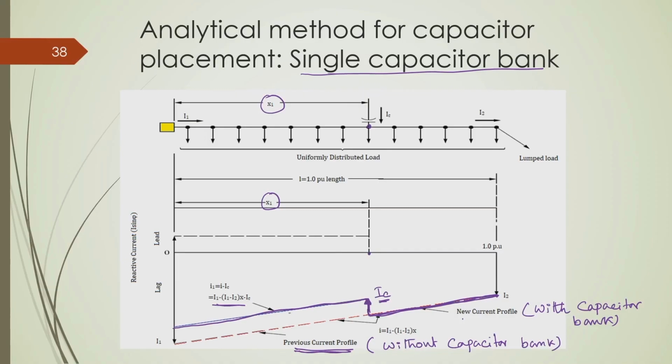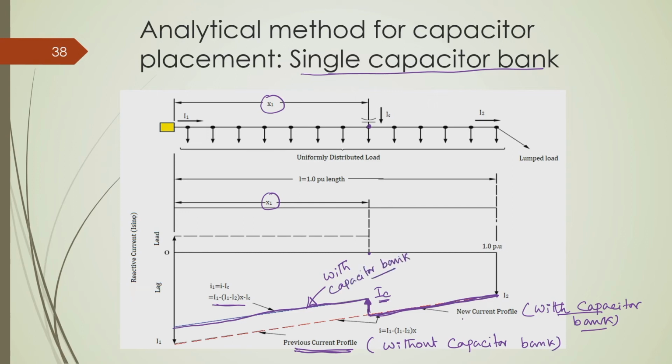And that is why from here to here the reactive power flow will also be reduced. How much will it be reduced? By the amount the capacitor is injecting reactive power into the network. Okay. And this will be our new profile, the with capacitor bank characteristics.